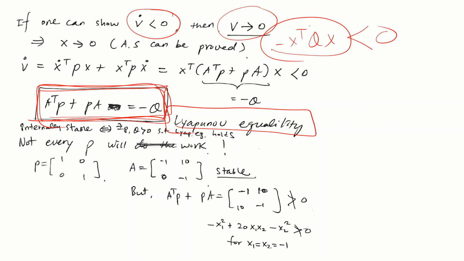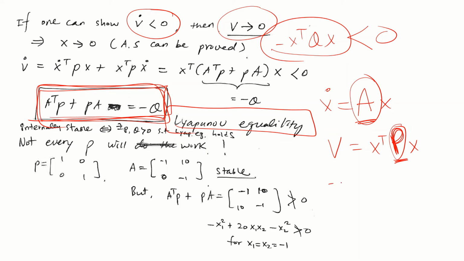So given A, x dot equals Ax, now we want to check the internal stability of A using the Lyapunov candidate function V, with certain P. I mean, you have to choose this P. So P must be chosen in some way so that V dot is shown to be negative.